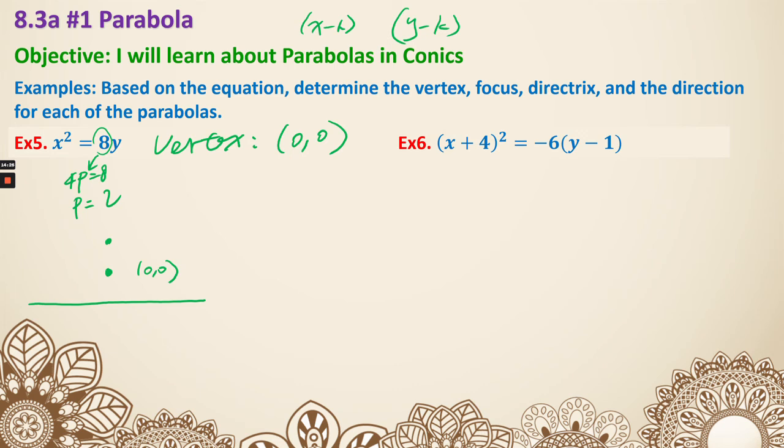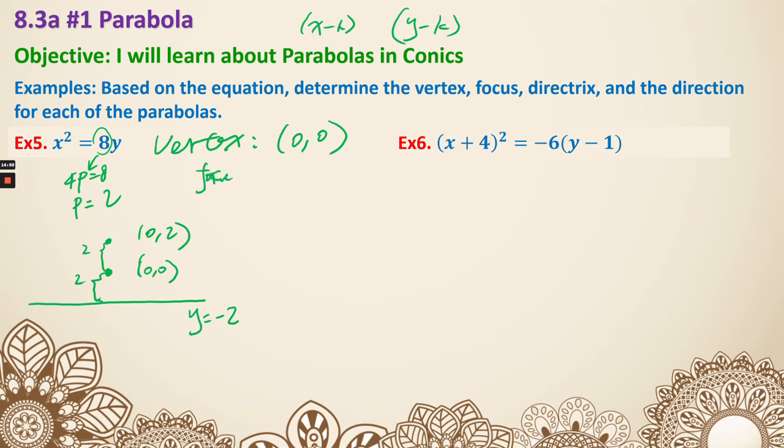Now, if that point is 0, 0, and we already know p is 2, I just need to move up from 0, 0, so it's 0, 2. And because this part represents 2, this part represents 2, I will end up at y equals -2. That is the directrix.